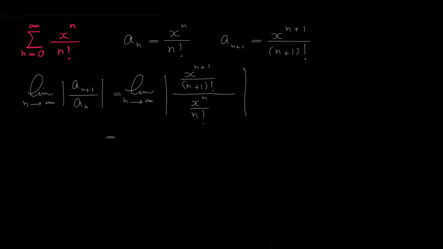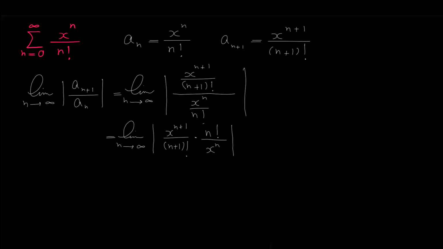We can rewrite this as the limit as n approaches infinity of the absolute of x to the n plus 1 over n plus 1 factorial, times the reciprocal of the denominator. The reciprocal of x to the n over n factorial is n factorial over x to the n.